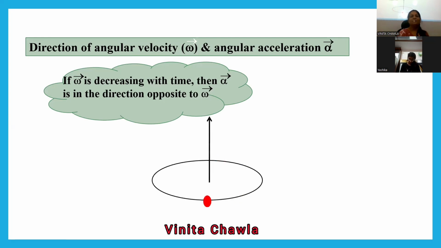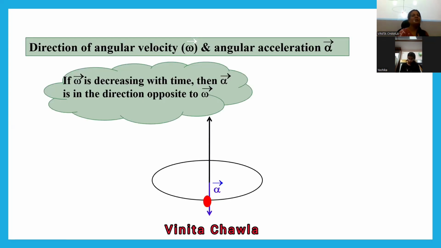So if this is the direction of alpha, you can see that omega and alpha both are pointing in different directions. जब आपकी angular velocity decrease हो रही है, तो angular acceleration का direction angular velocity से opposite होगा. अगर आपकी angular velocity increase हो रही है, तो angular velocity और angular acceleration same direction में point करेंगे. ठीक है? Clear?